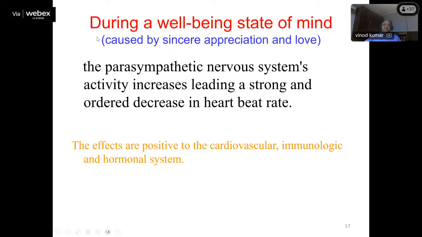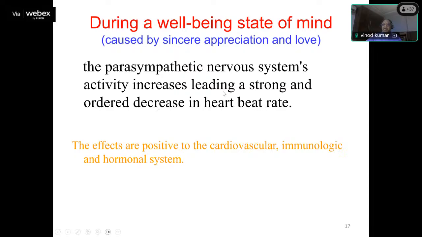Whereas on the other side, during well-being, when the mind is relaxed, with sincere appreciation and love, parasympathetic activity increases, leading to a strong and ordered change in heartbeat.